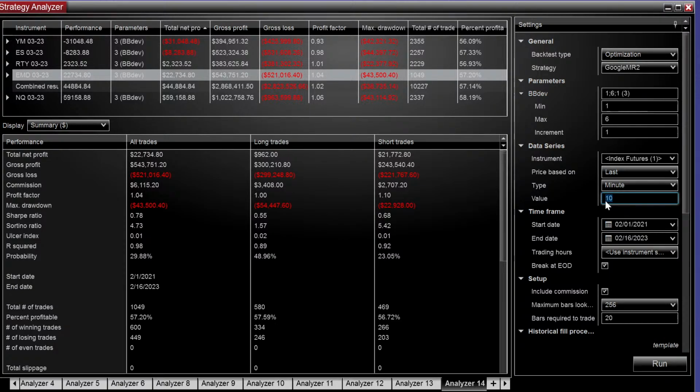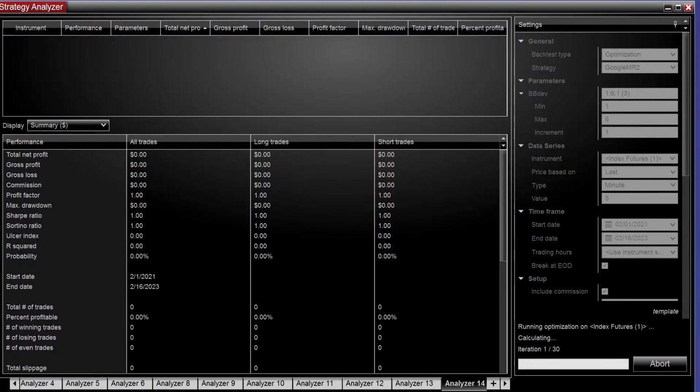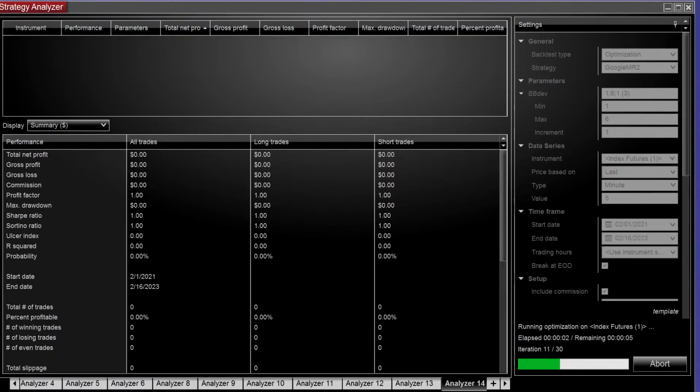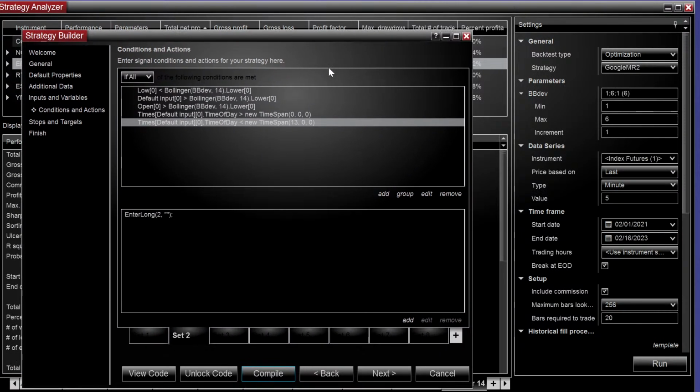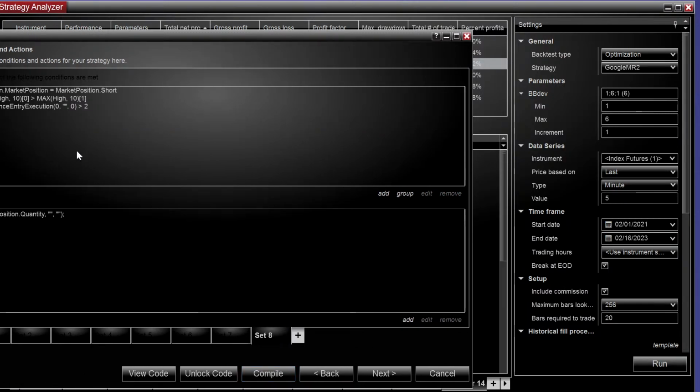Terrible drawdowns. Okay, let's add in kind of the fat tail ability. Because fat tails always do better.